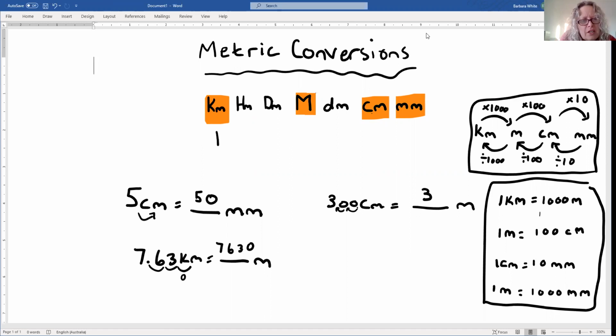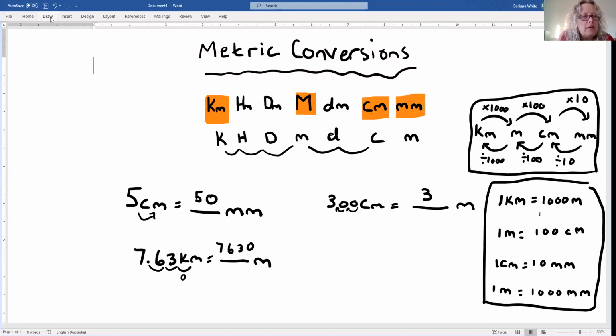I write just the first letters, K, H, D, D here, C there, and M there. And then I just go, oh, meters there, and kilometers to meters, I move my decimal point 1, 2, 3 places. Centimeters to meters, I move my decimal point backwards 1, 2 places, and I just count like that.